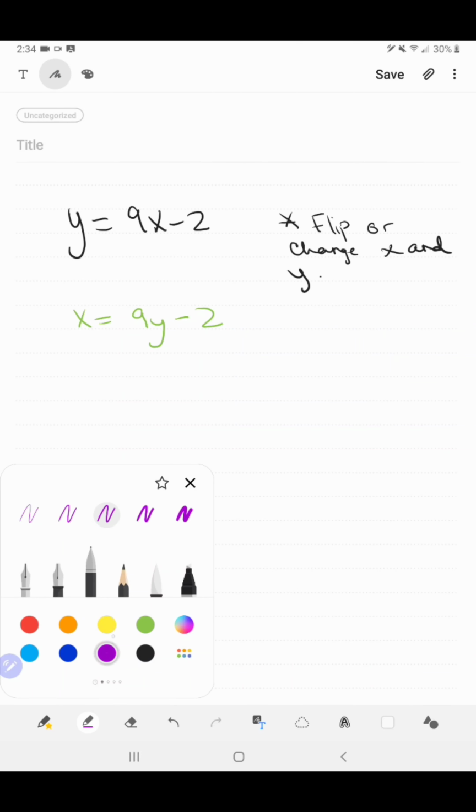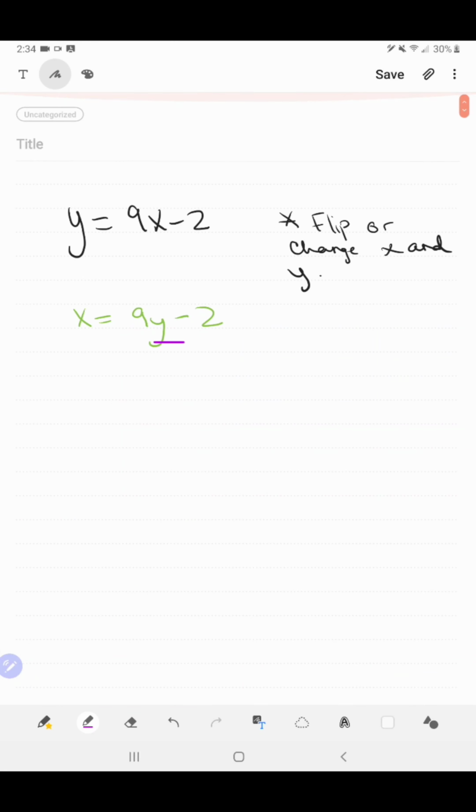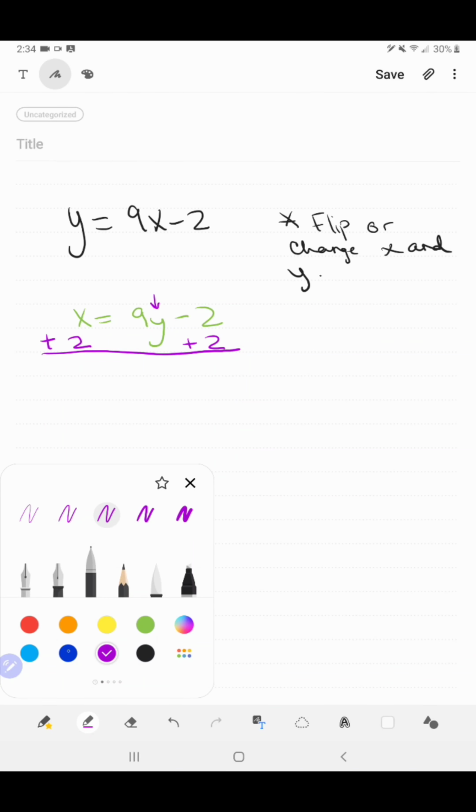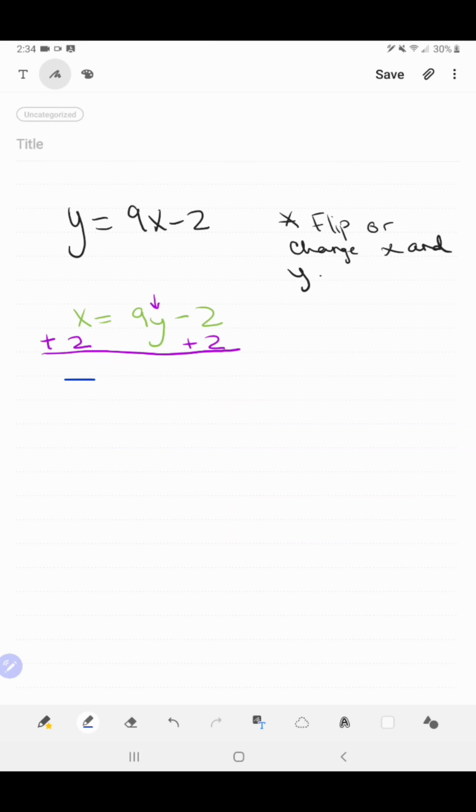And then you're going to solve for Y. So you're still solving for Y. I want Y to be by itself, so I'm going to add 2 on both sides. So that becomes X plus 2 equals 9Y.